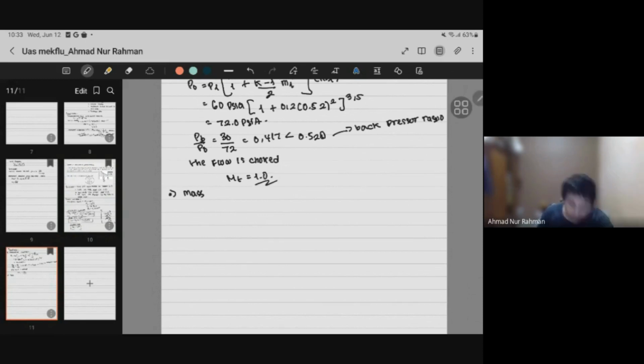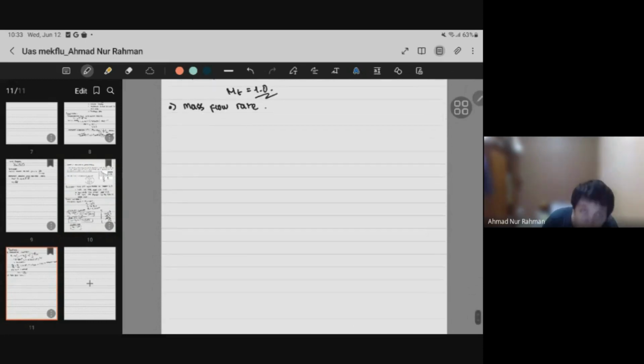So for the mass flow rate, we begin using section 1: V1 equals M1 times C1, equals M1 times the square root of k R T1.